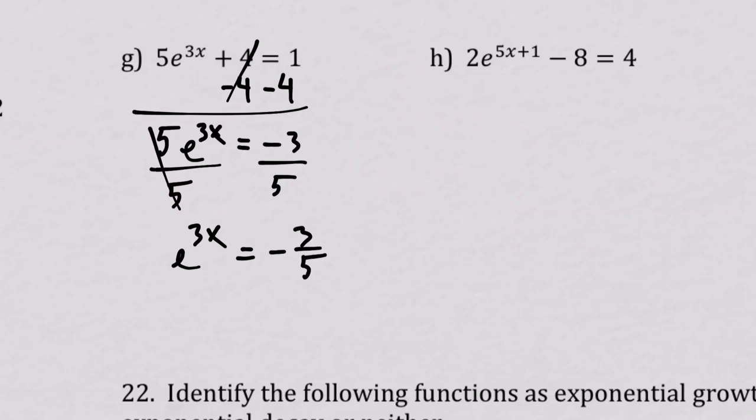Right? Why? Because I got a negative on this side, and there's nothing I can raise e to. There's nothing I can put here that's going to give me a negative ever. This one has no solution as well. And just watch out for that. If you try to continue, you're going to have to take the natural log of both sides, and once you try to take the natural log of a negative number, you'll see that that's an error in your calculator. There is no solution there.